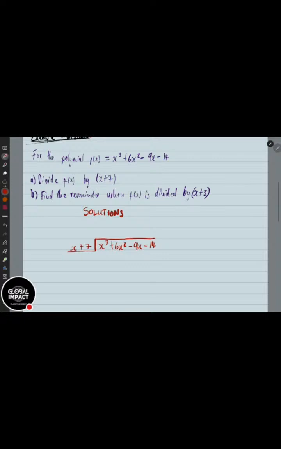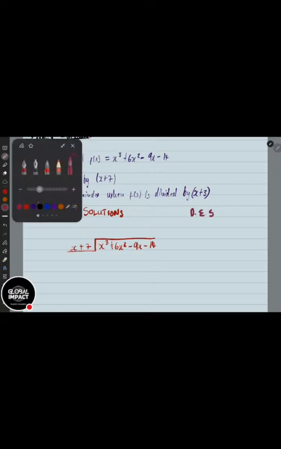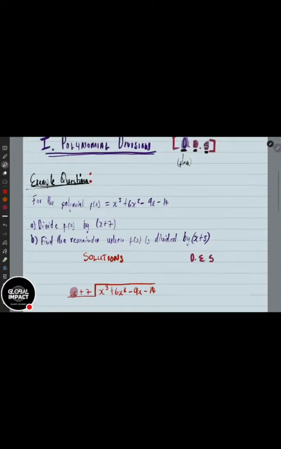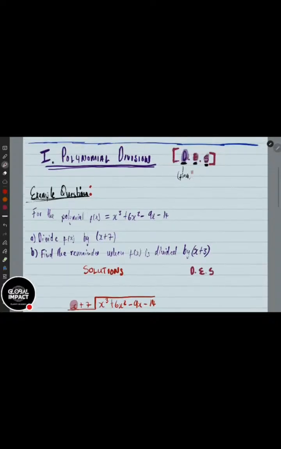So polynomial division, you don't do your own thing. Remember, I said it's DES. Divide, expand, subtract. You follow those steps till you get to the end. When you divide, you only divide by the first term only.